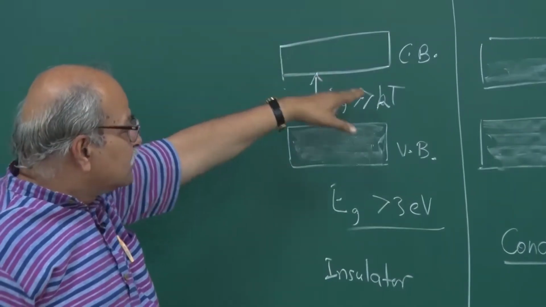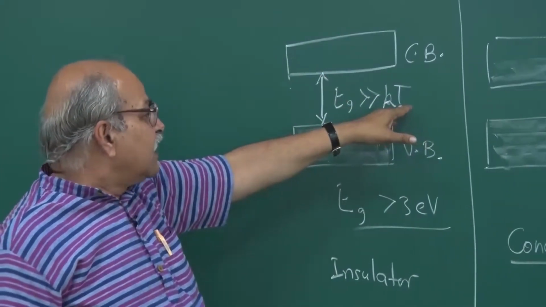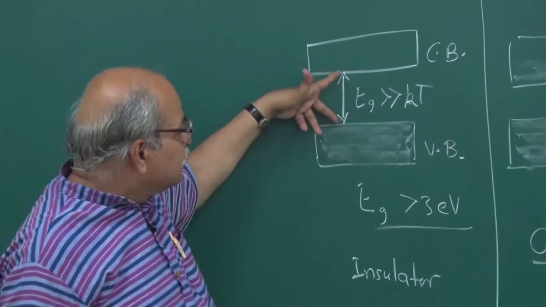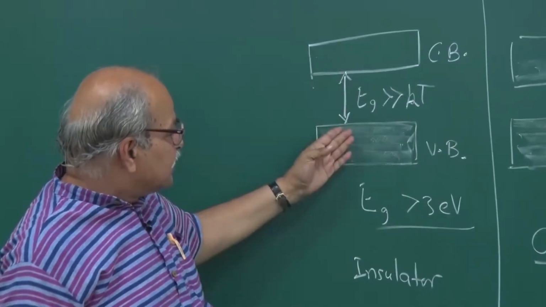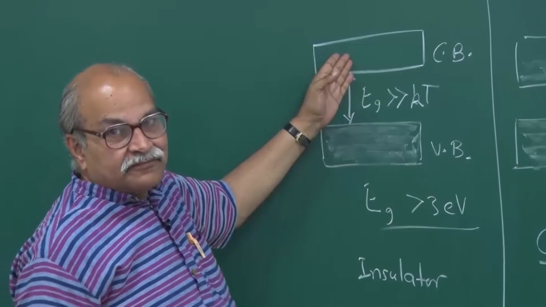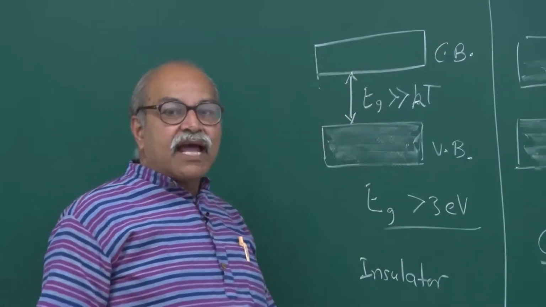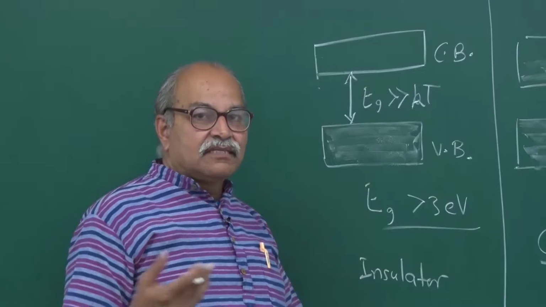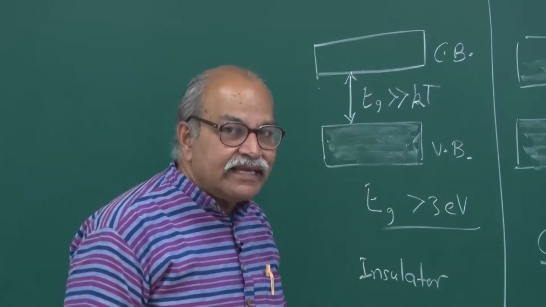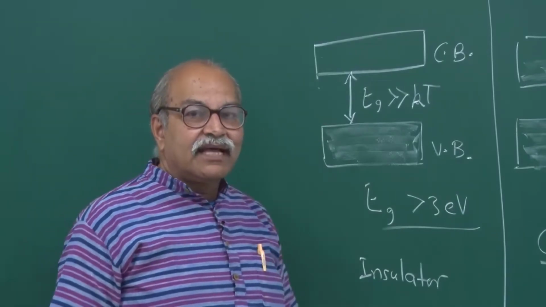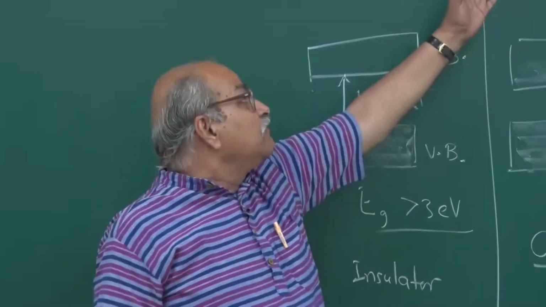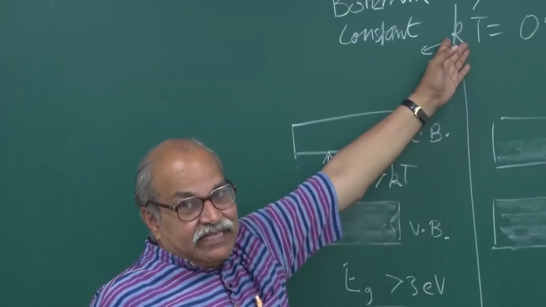Once you are at room temperature, this Eg will decide whether some of these electrons can be promoted here, because in interactions thermal energy exchange takes place, and that is of the order of kT on the average.